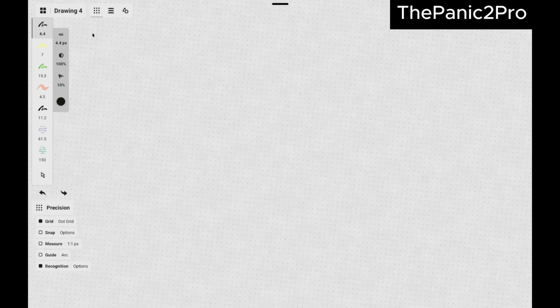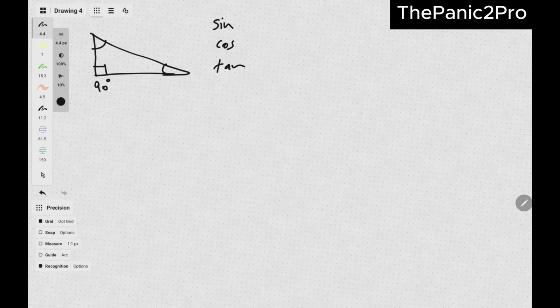Okay, let's assume we have a triangle, and as I told you before, we have a right angle for sure, 90 degrees. Whatever we're going to talk about in terms of sine, cosine, and tangent, based on the formulas that I'm going to explain here, is just for these two angles, alpha and beta.